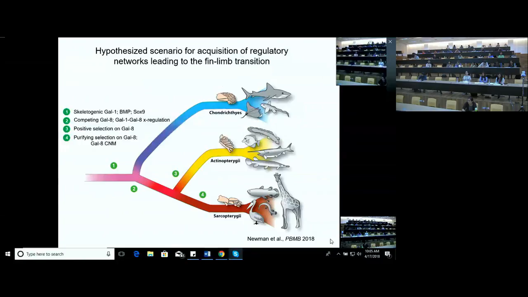We think that we know the relation between the evolution of these galectin components and ancillary components like SOX9, Wnt, and BMP, how they cooperate together to form these cooperating networks to give us skeletal structures. And then we have the regulation of galectin-8, which allows proximal-distal development of the limb, particularly when the tip is being suppressed by the fibroblast growth factor produced by the apical ectodermal ridge.